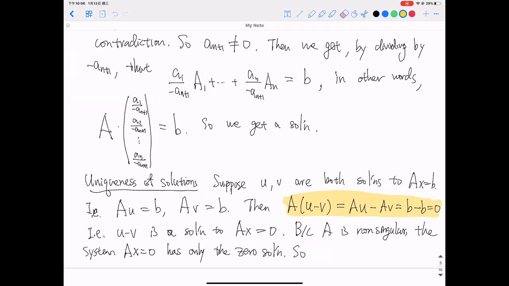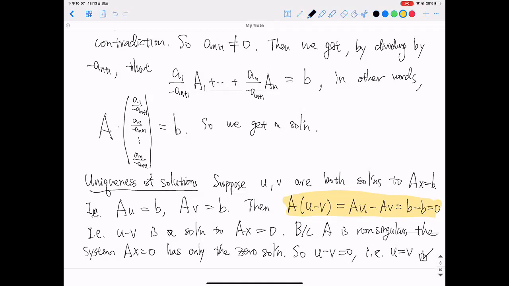So we must have that u minus v equals 0, which is the same thing as saying u equals v. So what we've achieved here is that if you have two solutions, u and v, they must actually be the same. So there can only be one solution.